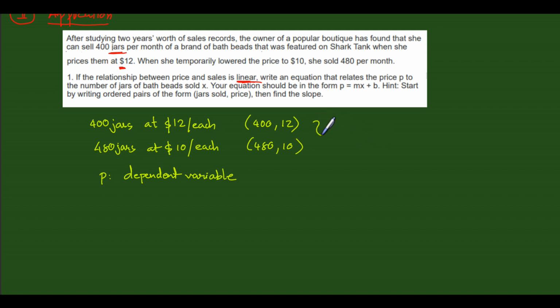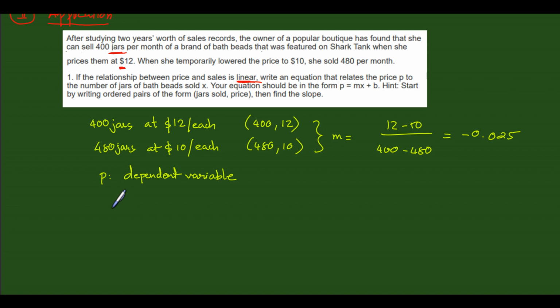The slope will be y2 minus y1, so it will be 12 minus 10 over 400 minus 480. So it looks like our slope will be negative 0.025. You go ahead and plug into the calculator. Okay, so that's the m.